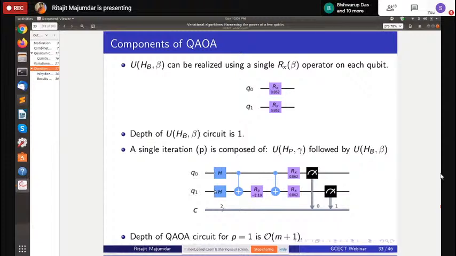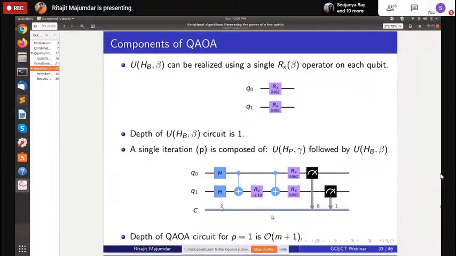You need to apply this circuit. This is the initialization, this is UHP, and this is UHP. Now, the number of iterations, that is, the number of times we use UHP and UHP, is denoted by this P. P is a variable that denotes the number of times we are using UHP and UHP. Here we have used it only once, so this is for P equal to 1, and the depth of the circuit is order of m plus 1.